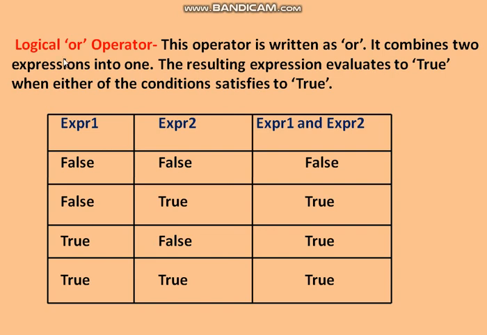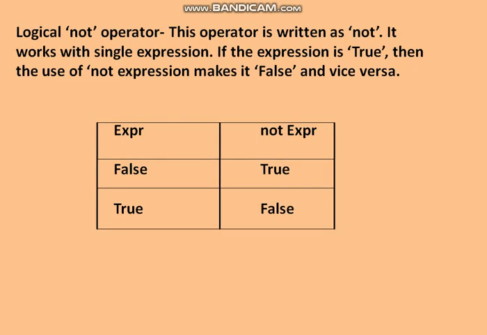Logical OR operator. This operator is written as OR. It combines two expressions into one. The resulting expression evaluates to true when either of the conditions is true. Logical NOT operator.